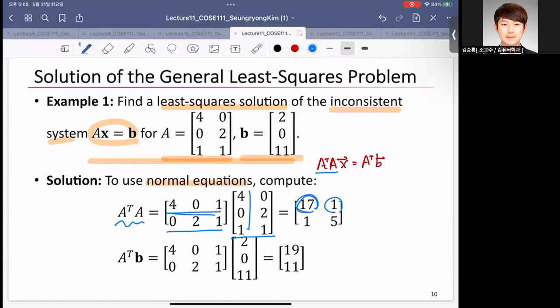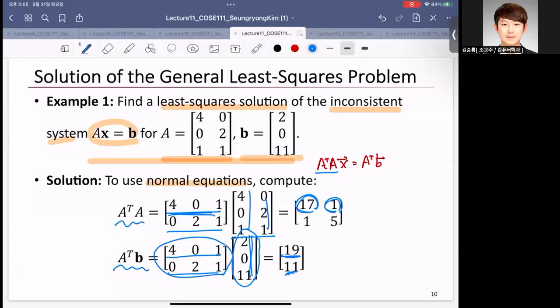Then the first row and second column gives 1, and so on. And A^T b is the transpose of matrix A times b here, which is first row times first column, so it's going to be 19. The second row times first column is going to be 11. So A^T A is going to be [17, 1; 1, 5], and A^T b is going to be [19, 11]. Right?